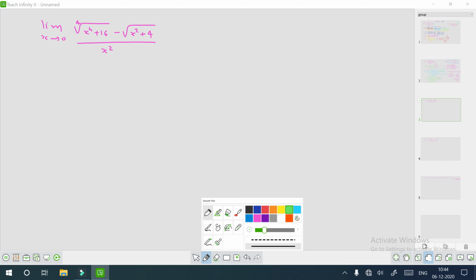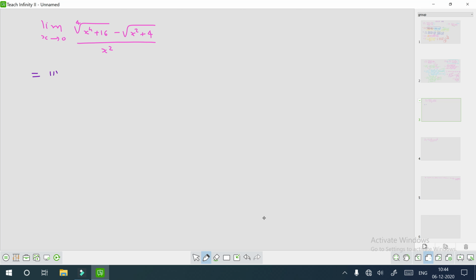Now see here, that is equal to, now I am writing the direct step. Please see here. Can I write x raised to 4 plus 16 minus x square plus 1, upon x square into the fourth root of x raised to 4 plus 16 plus the square root of x square plus 4?